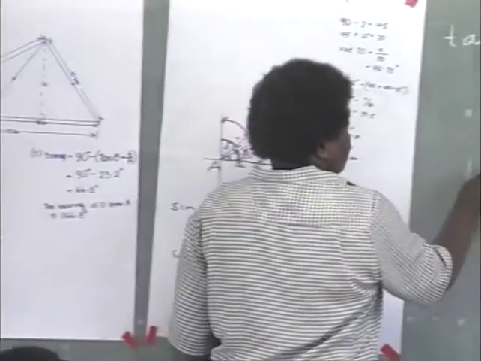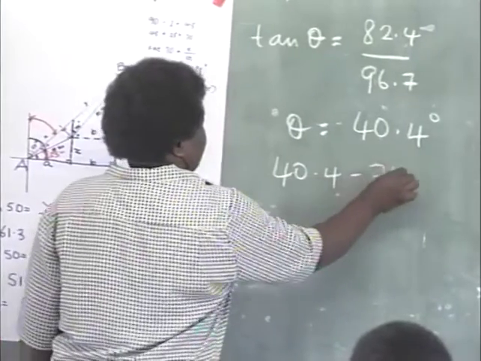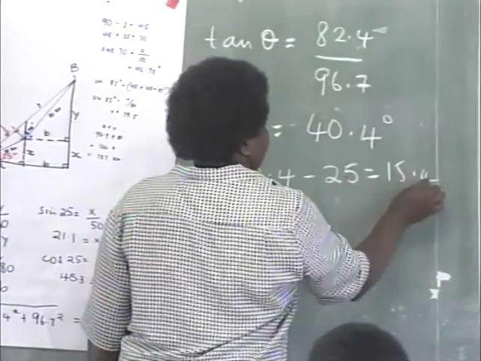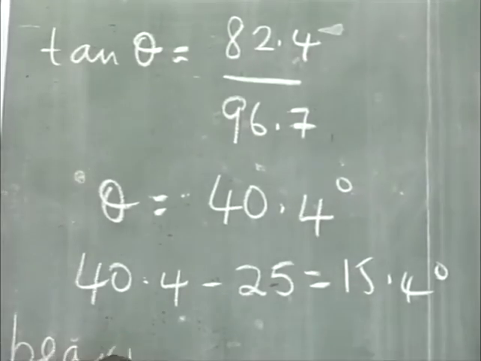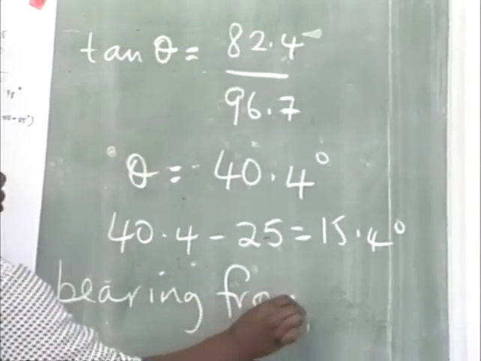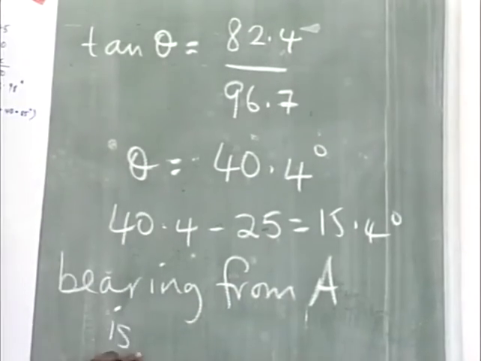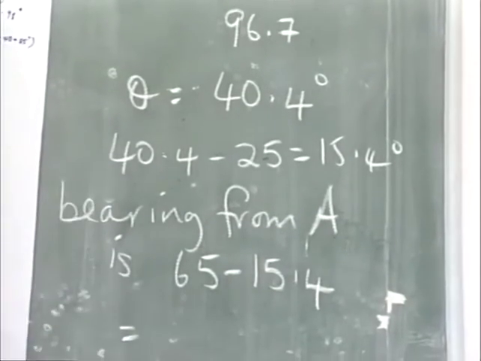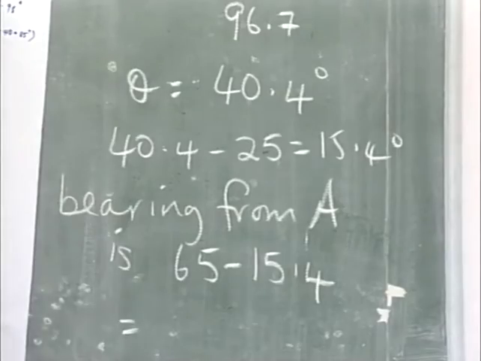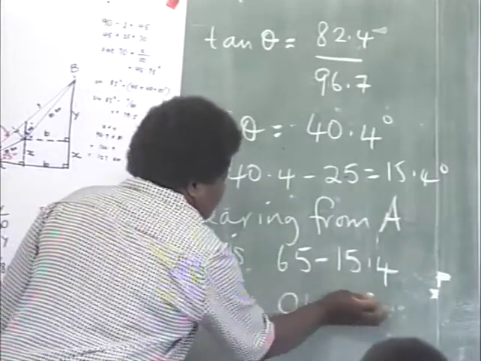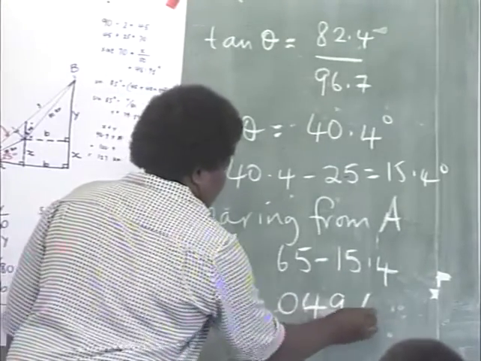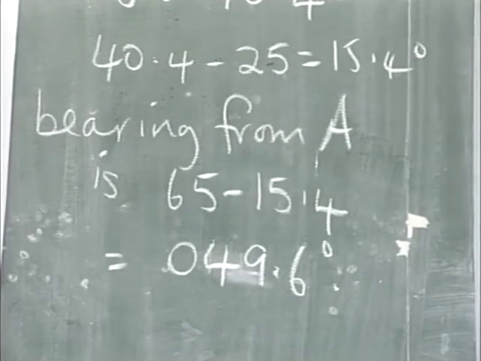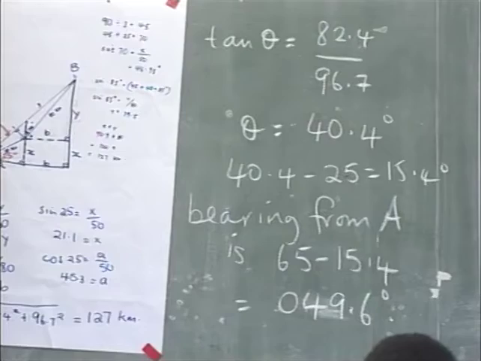Okay, so 40.4, take away 25, what do I get? 15.4 degrees, the bearing from A is 65, take away 15.4, which is 49.6. Oh, sorry. 049.6 degrees is the bearing from A, from this point to this point.